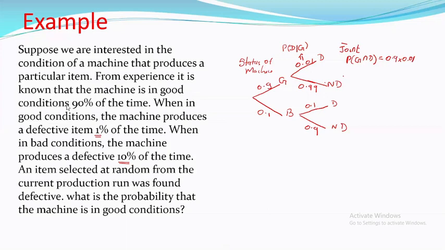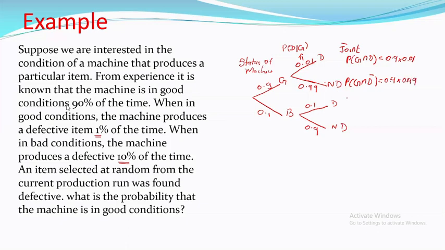Then machine is in good condition and non-defective, that is D complement, so 0.9 times 0.99.